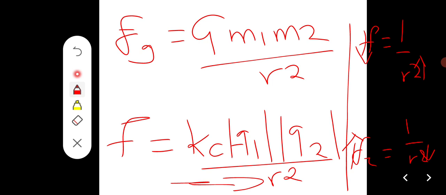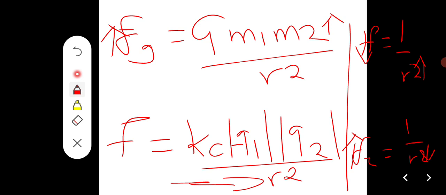Then the gravitational force increases with the increase in mass of an object. So if the mass of an object increases, the gravitational force will also increase.